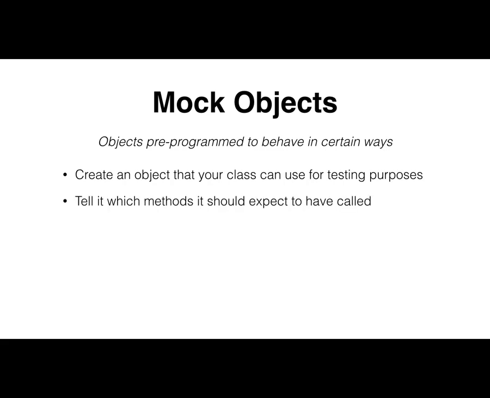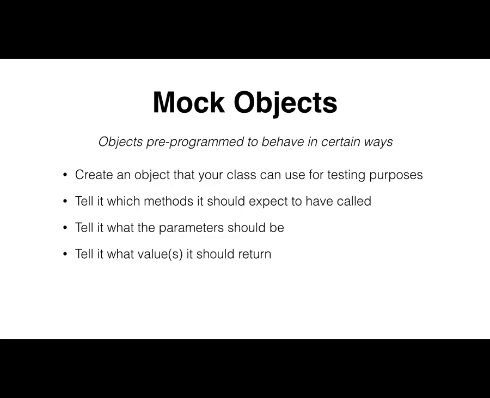Tell it what methods it should expect that the class under test is going to call, what parameters should be included, what values it's going to return, and then you use that in your test instead of the real object. So rather than creating a real database, I create this mock that will behave exactly as I've told it to behave, and if it does anything different, the test is going to fail because those expectations were not set, and you'll know that your code is doing something that it's not expected to do.